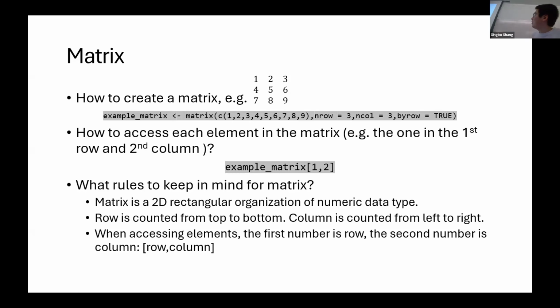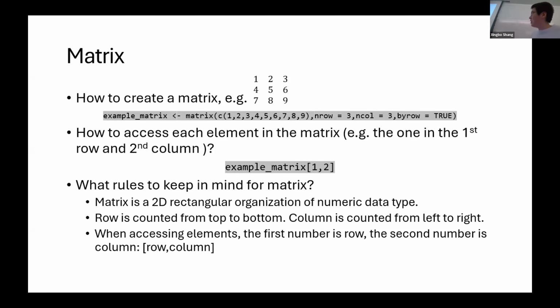And here is how you define it. Again, you surround a vector by something called matrix, followed by a round bracket. But this time it's a little bit more complicated. You also have something like nrow equal to 3, ncol equal to 3, and byrow equal to 2. So we will explain in section 3 what on earth these are doing.